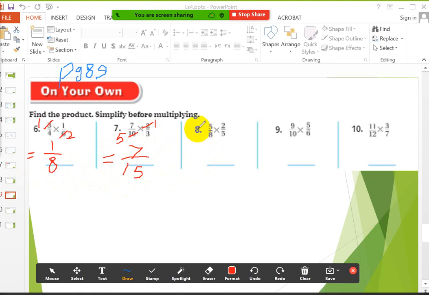Okay, now let's move to number 8. I think maybe Yusra will help me. Yes, Yusra. I want you to help me to find the greatest common factor between the numerator in the first fraction and the denominator in the second. What is the greatest common factor, Yusra? It's 1. The greatest common factor is 1, or do you mean the answer for the division?